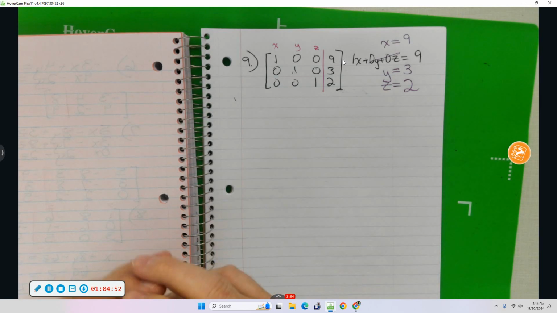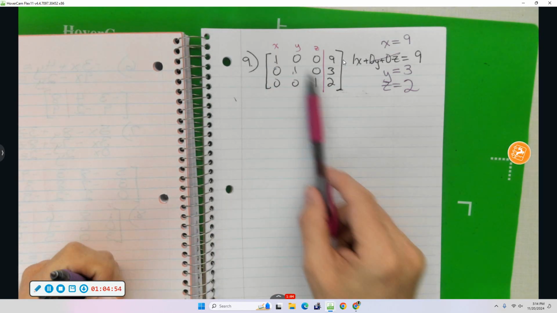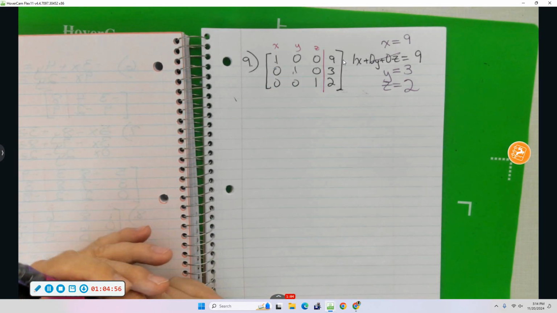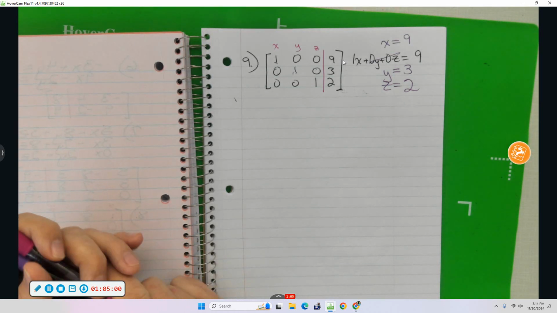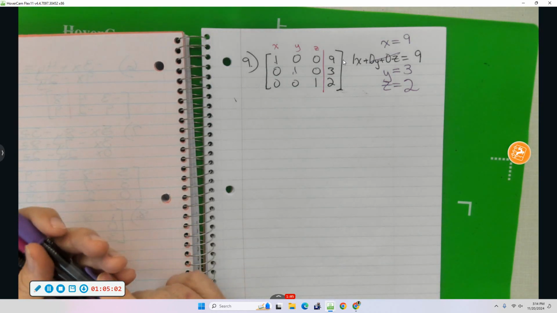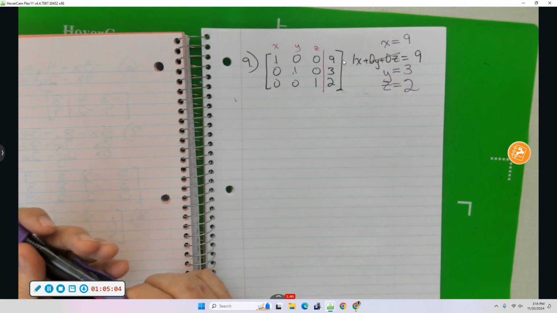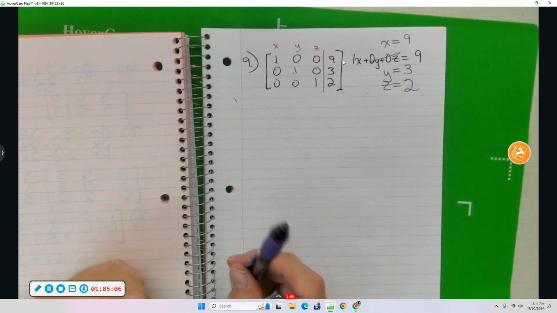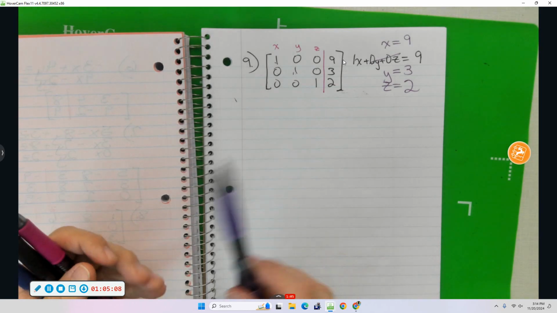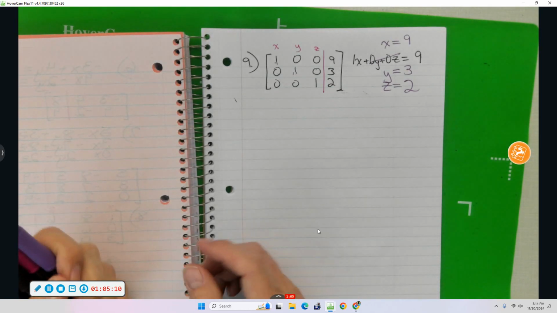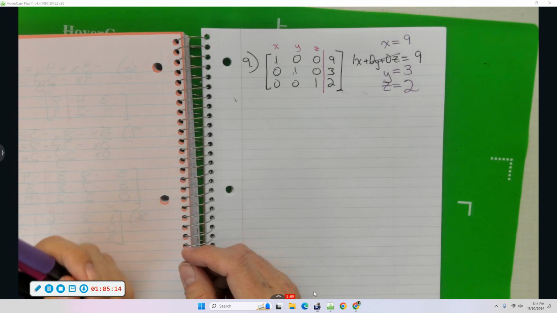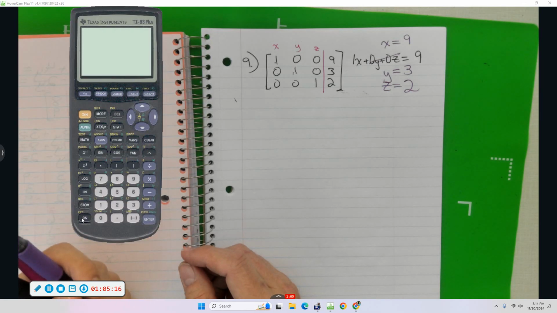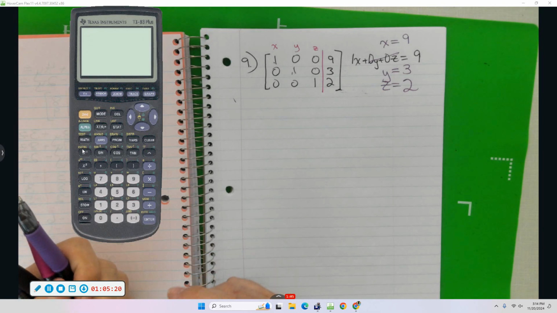If you're interested in this matrix reduction, take Math 1324 or linear algebra. To take linear algebra, you've got to get a few calculus classes under your belt first. But if you have a calculator, pull it up.